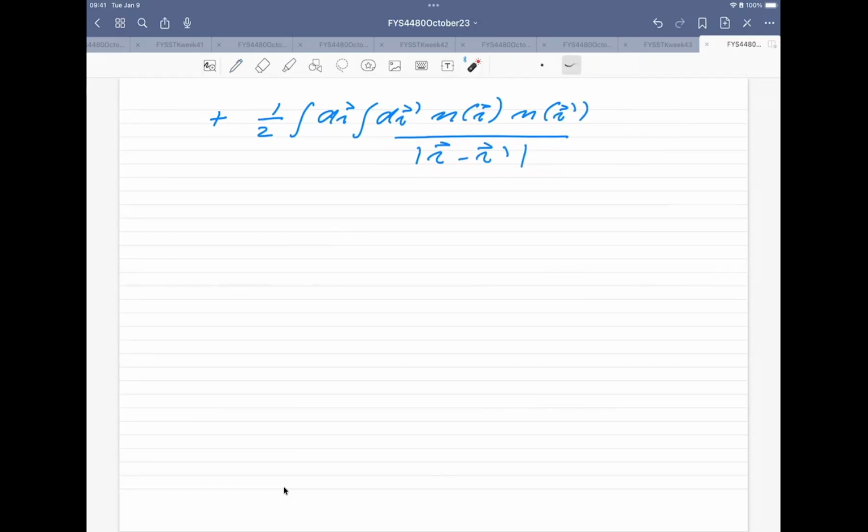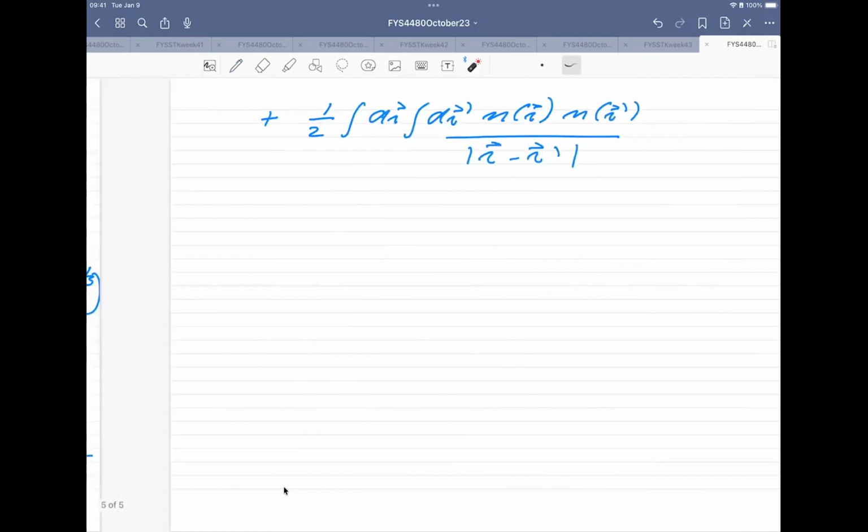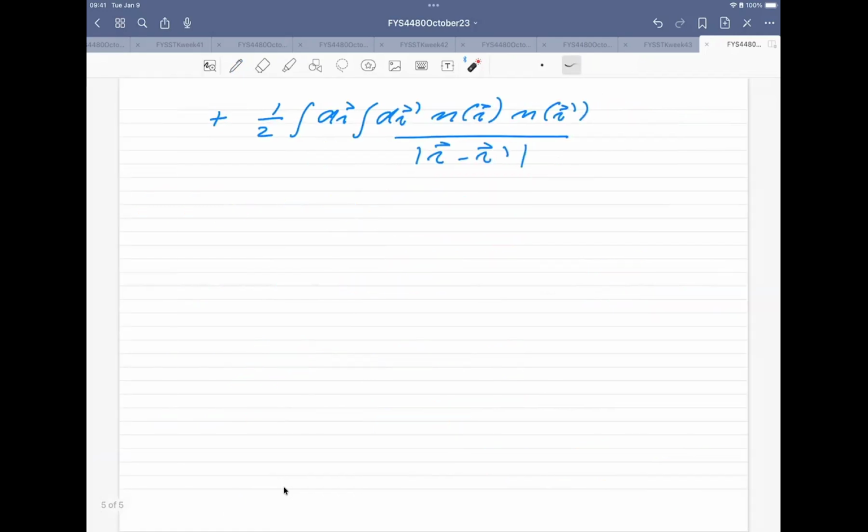Now, just to remind you that this term here in the electron gas was cancelled by the background ions, the contribution from them, and the contribution from the electrons interacting with a continuous background of ions. So this term was not present in the electron gas.